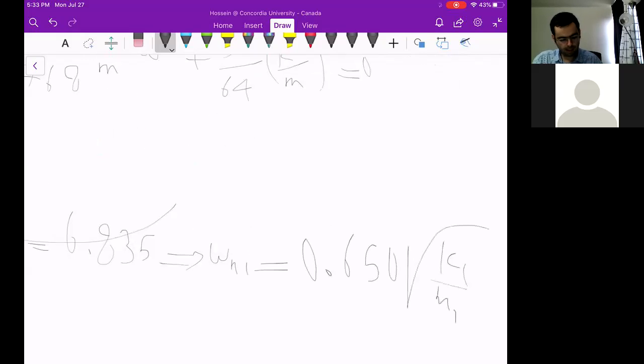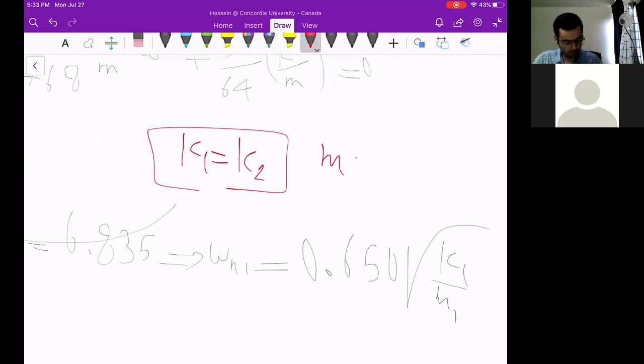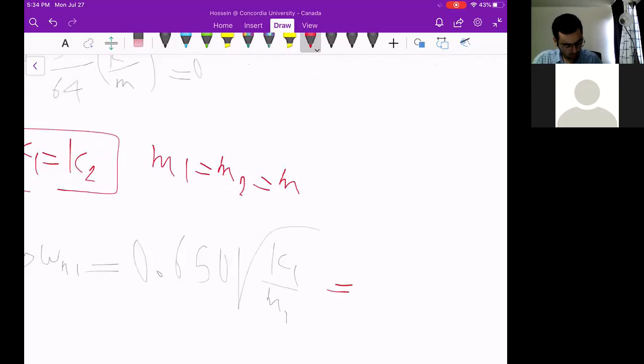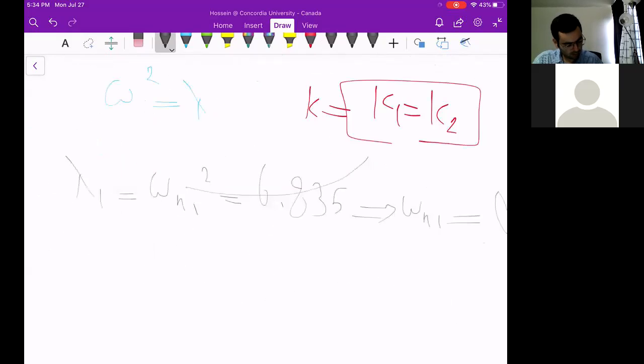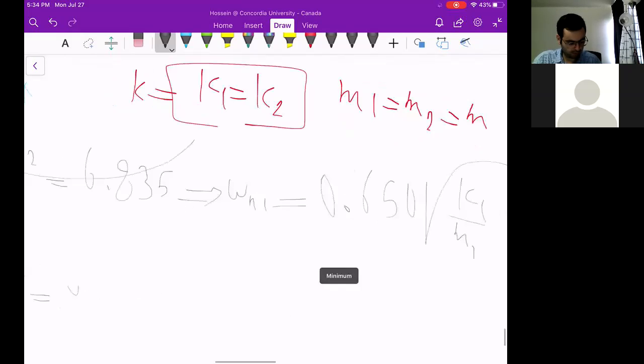And it is assumed that k1 is equal to k2 and m1 is equal to m2 is equal to m. And the second natural frequency, lambda 2, omega n2 squared, is obtained as 0.4227. Therefore, the second natural frequency would be 2.614.